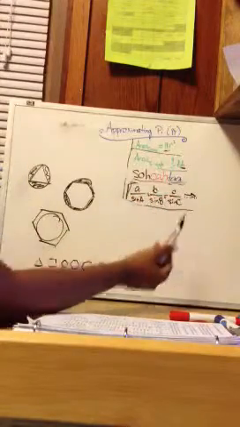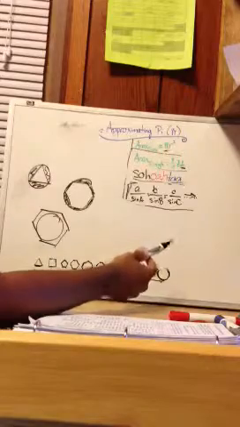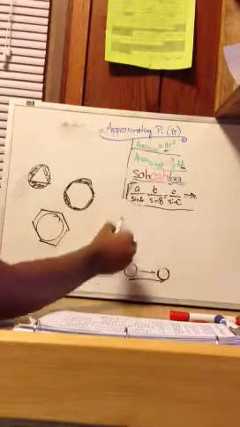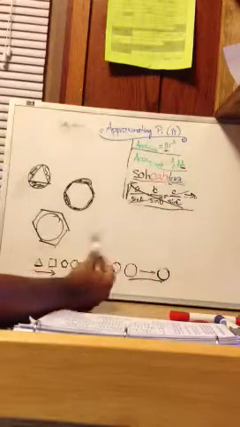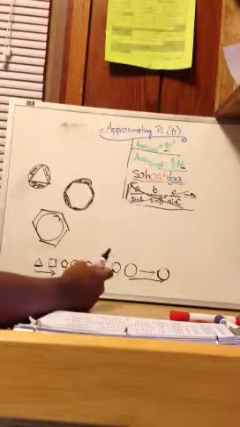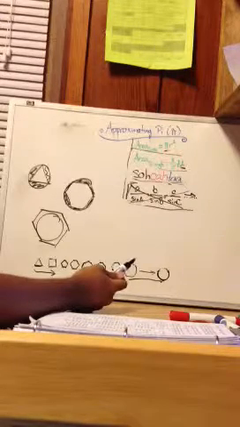SOHCAHTOA is extremely useful because we're using trigonometry to approximate pi, and it actually turns out we didn't use law of sines, so I thought that would come in handy, but in fact it didn't. We didn't even need it. And that's alright. It's good to be a bit over-prepared, I guess.